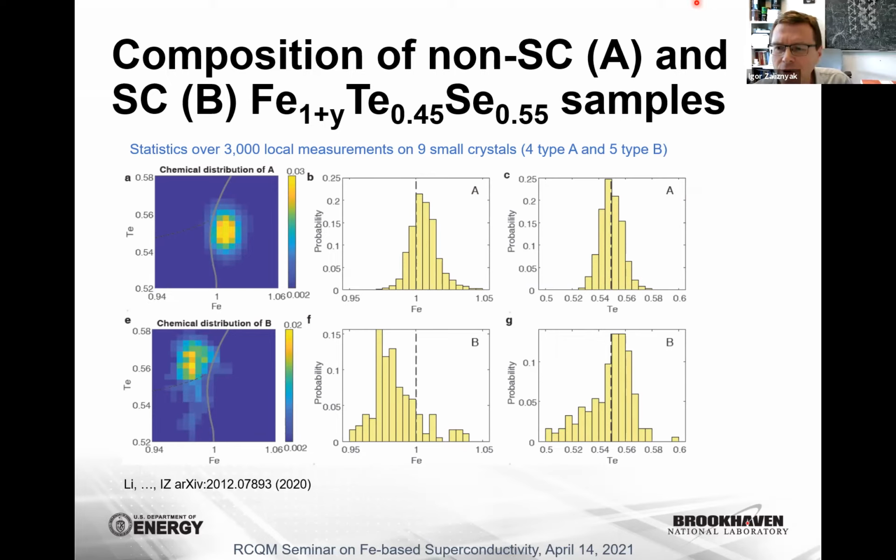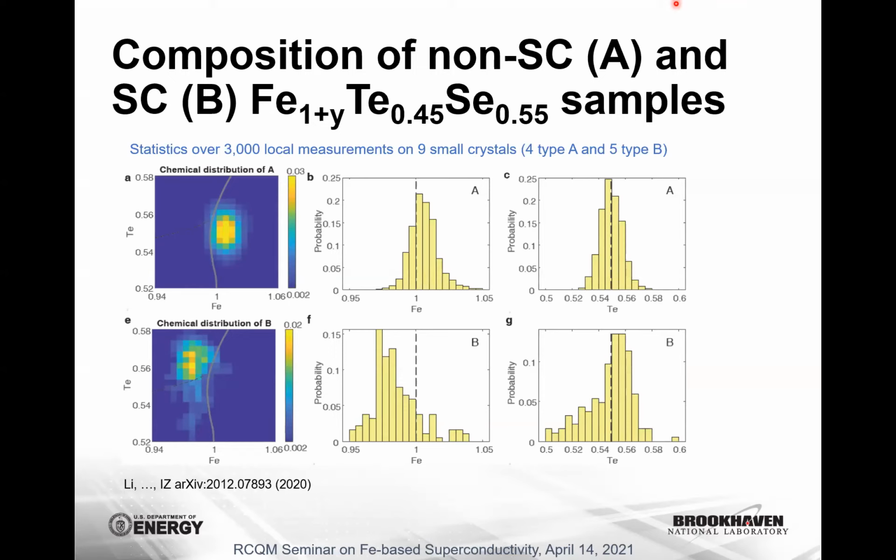This was really sort of low tech, just varying the input composition of the input material, iron and tellurium and selenium. I mean, usually these samples have excess iron, right? You have to anneal them to get rid of the excess iron.